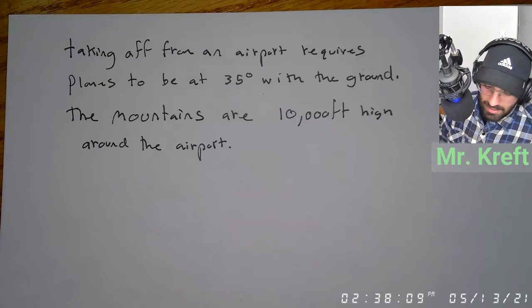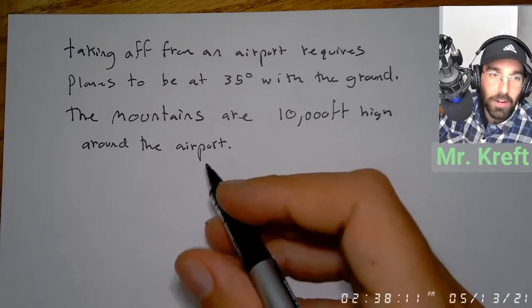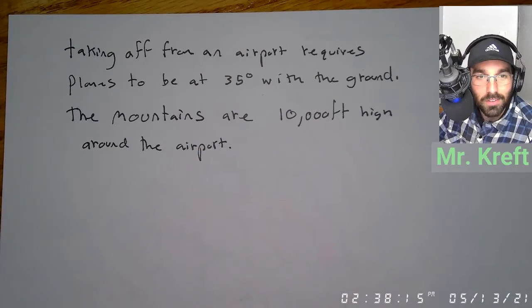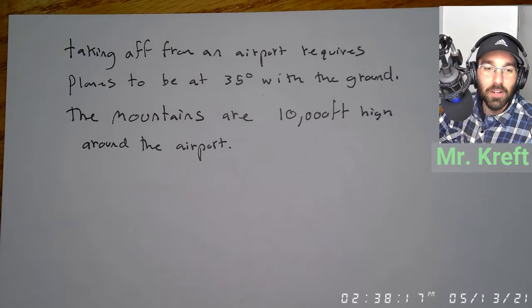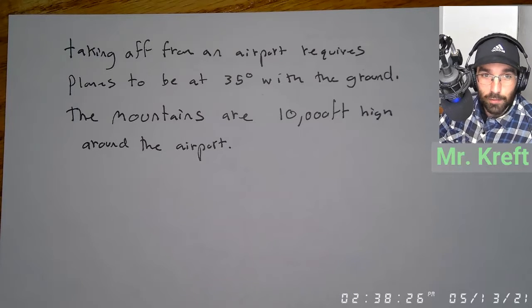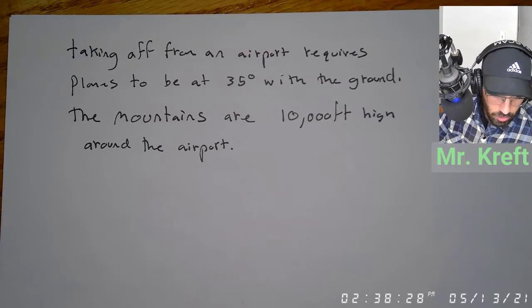So what we have to figure out is, if we've got these mountains that are 10,000 feet high around us, where can we place this airport so that airplanes taking off don't hit the mountains, because that's not a good thing. That's a bad thing, right?